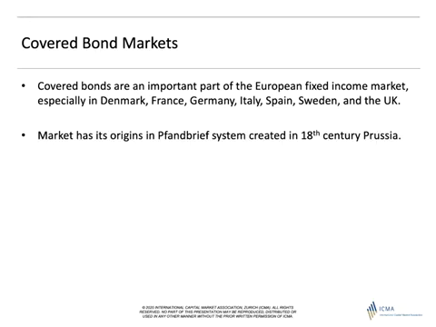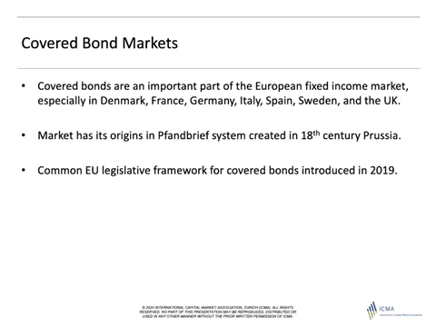The covered bond market has its origins in the Pfandbrief system, created in 18th century Prussia, so it certainly has a very long history. During that long history, the structure of covered bonds and the regulatory framework in which they're issued has changed significantly. But in 2019, a common legislative framework for covered bonds was introduced in the European Union.